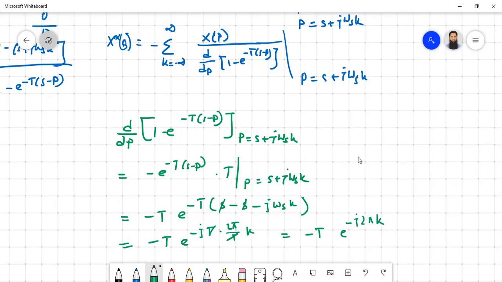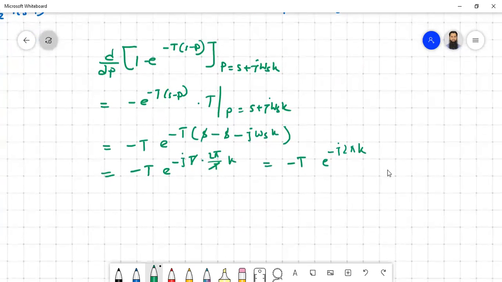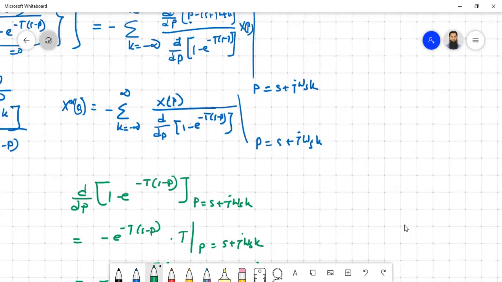This will give you plus or minus twice pi is always 1. So whatever is left is minus t. So you can replace this value here, and then whatever we have is minus summation of k from minus infinity to infinity.